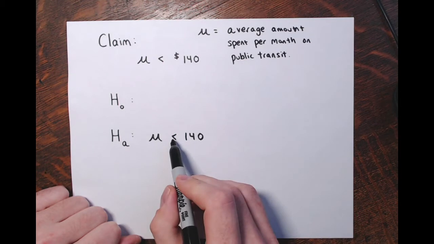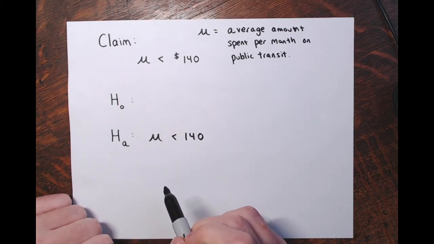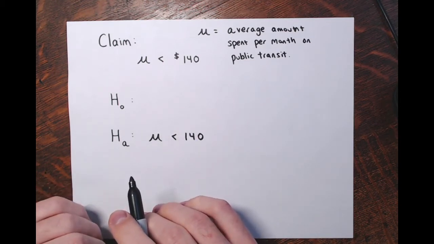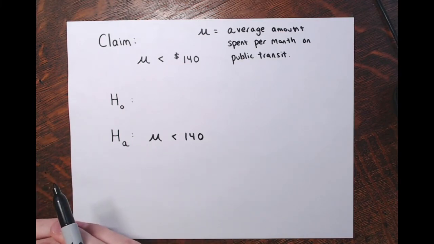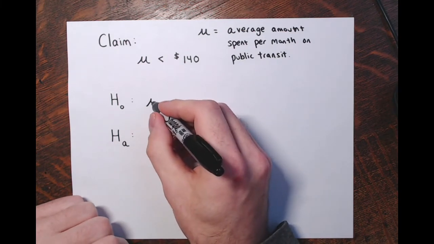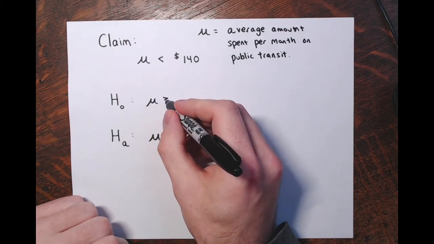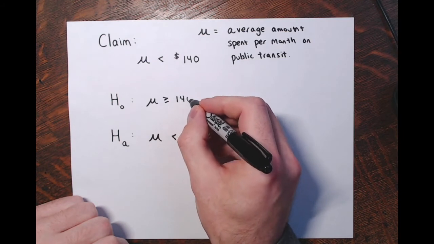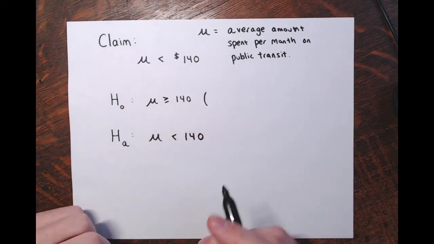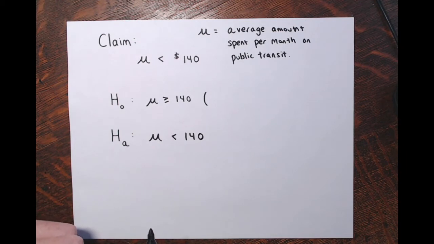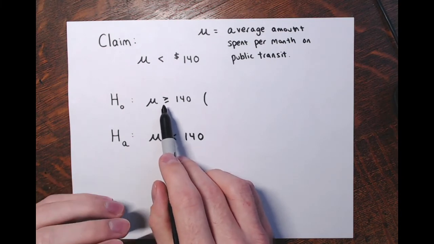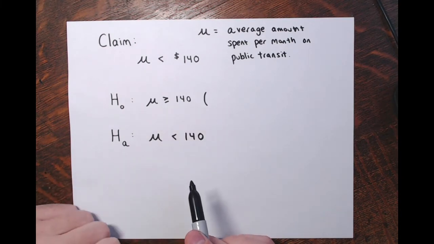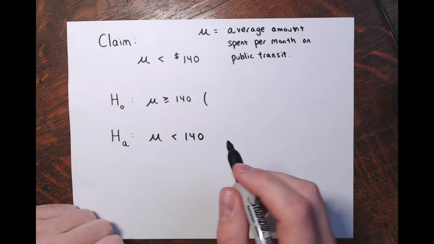All right, and then the null and alternative hypothesis should be opposing statements. So if the alternative hypothesis is that the mean is less than 140, the null hypothesis would be that the mean is greater than or equal to 140. But in this book, right, in the Newton Alta website, instead of writing what it really is, they're just going to write what you're going to be assuming to be true, which is the equal part.